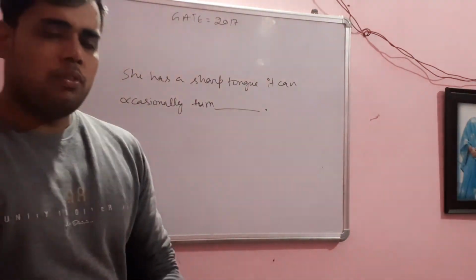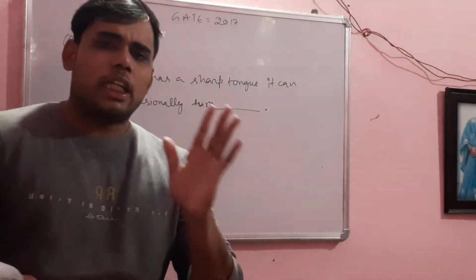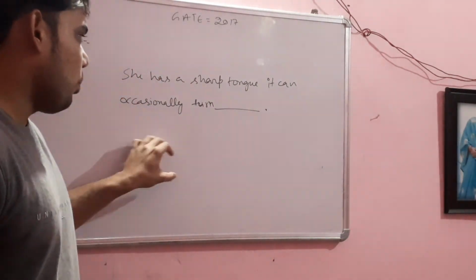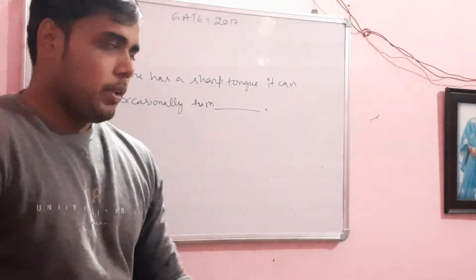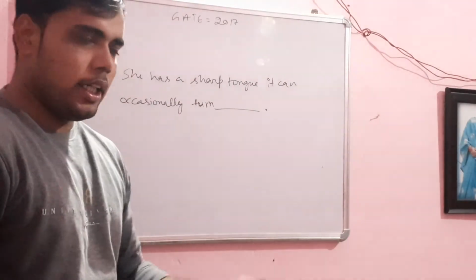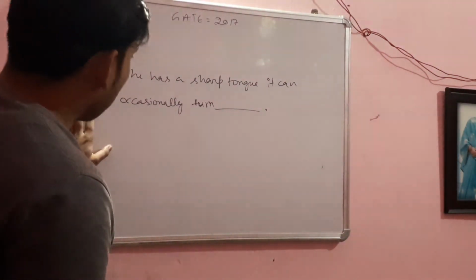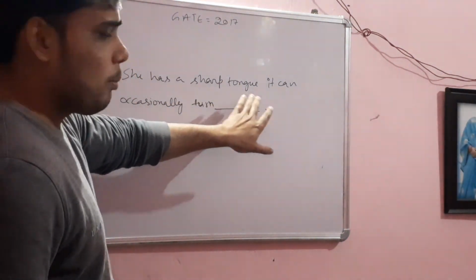So you have been given four options. Whenever you are attempting an English question, you just need to put that one option in the fill in the blanks and read it. Okay, if it feels right, it is right. So you can understand this sentence also. She has a very sharp tongue.